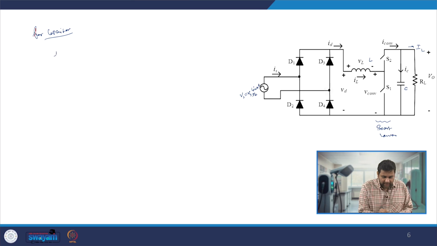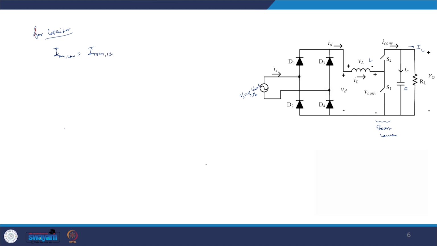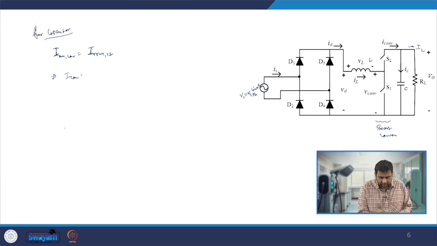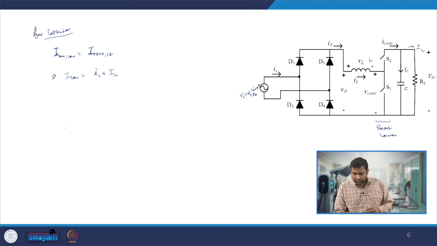So I RMS of converter is nothing but I RMS of S2, and we know that I converter is nothing but IC plus IL. So the ripple part is going through the IC while the average value will be going through this load RL.